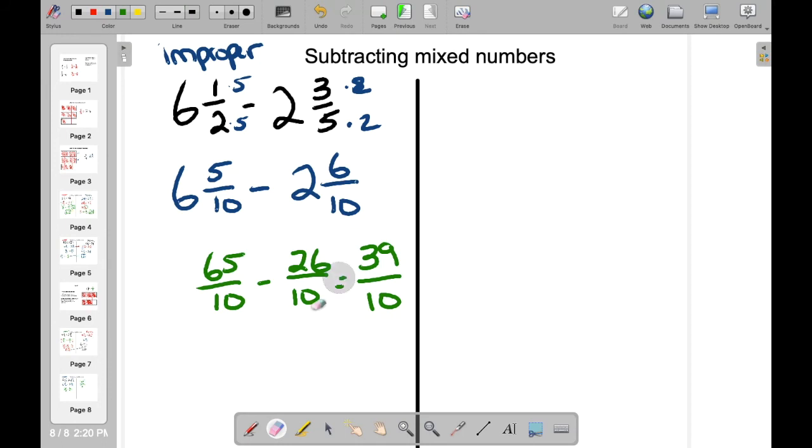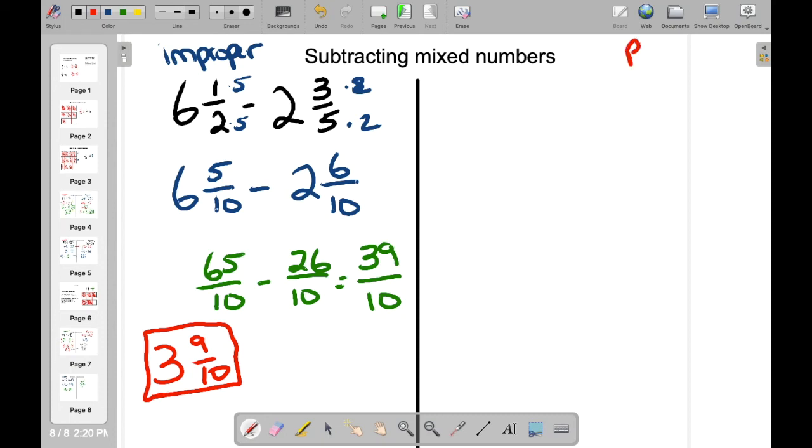From here, I just need to convert to a mixed number. So I know that 10 tenths is 1 whole, 20 tenths is 2 wholes, 30 tenths is 3 wholes, which should be the largest number. And the gap from 30 tenths to 39 tenths is an extra 9 tenths, which should be my answer.